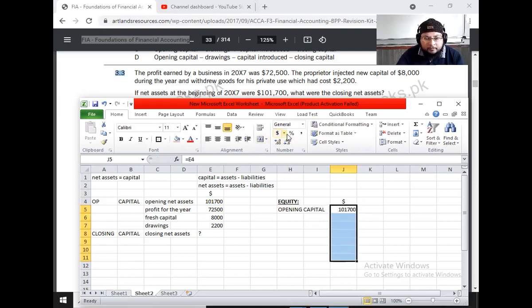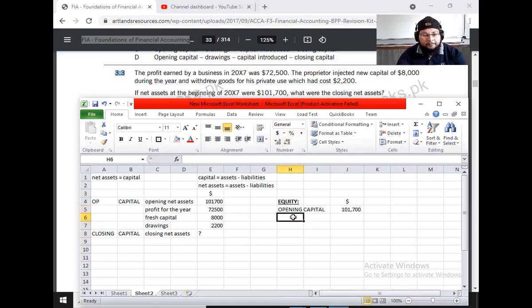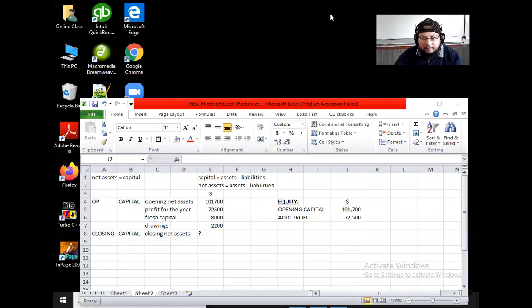Right. Okay. Then we add our profit to it, because we have learned that we always add our profit in the calculation of the equity, right?